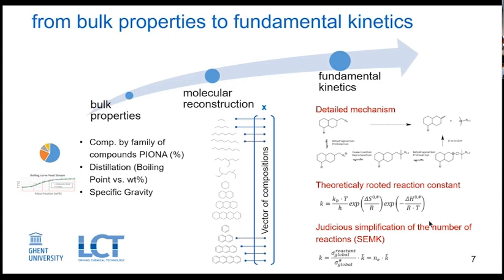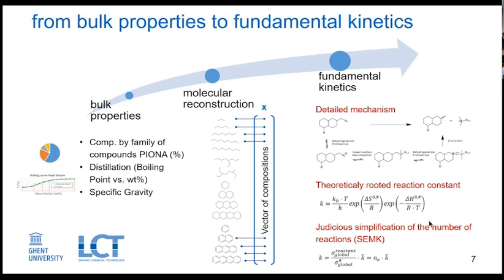As I was describing previously, normally the feedstock processed in hydroconversion is described in terms of bulk properties. However, the kinetics on which PRIME is based is a fundamental kinetics. It considers a detailed mechanism for the different reactions that take place in the process.